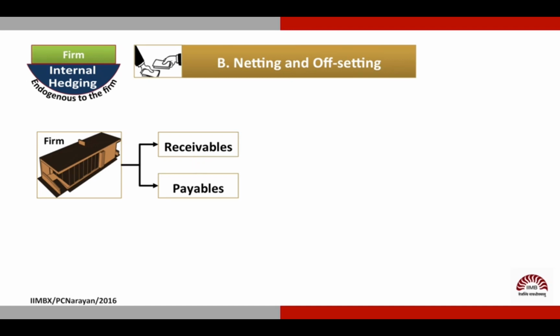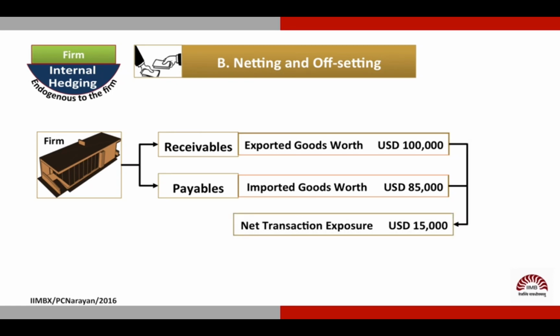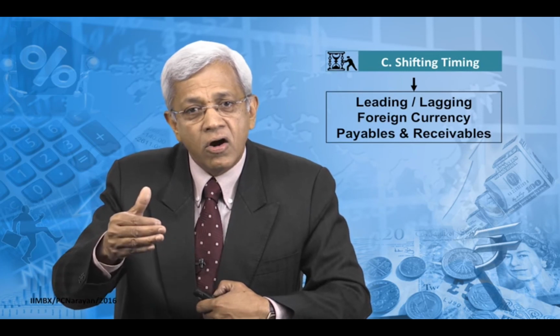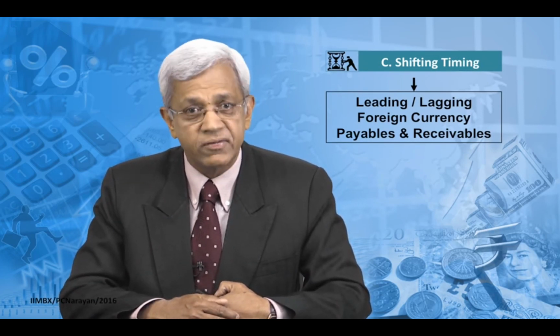For example, if a firm has exported goods worth US dollars 100,000 and is also importing goods worth US dollar 85,000, the net transaction exposure is only US dollar 15,000, not 185,000.